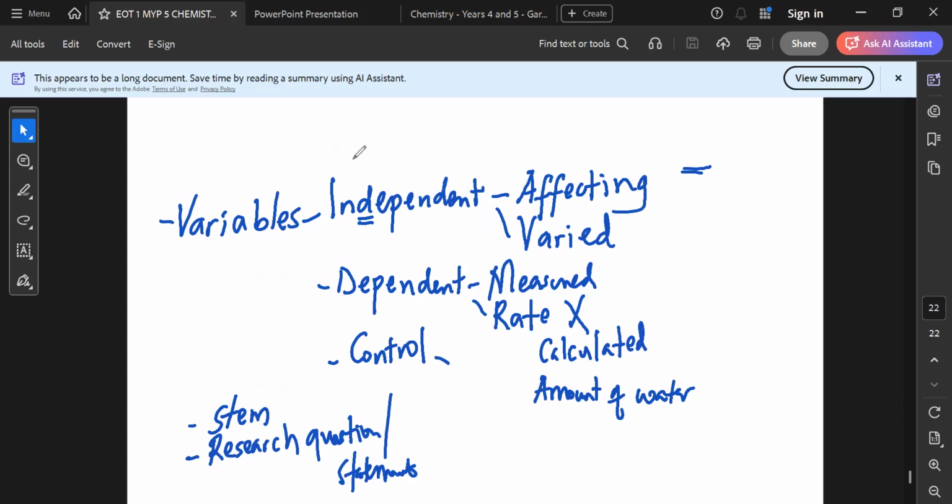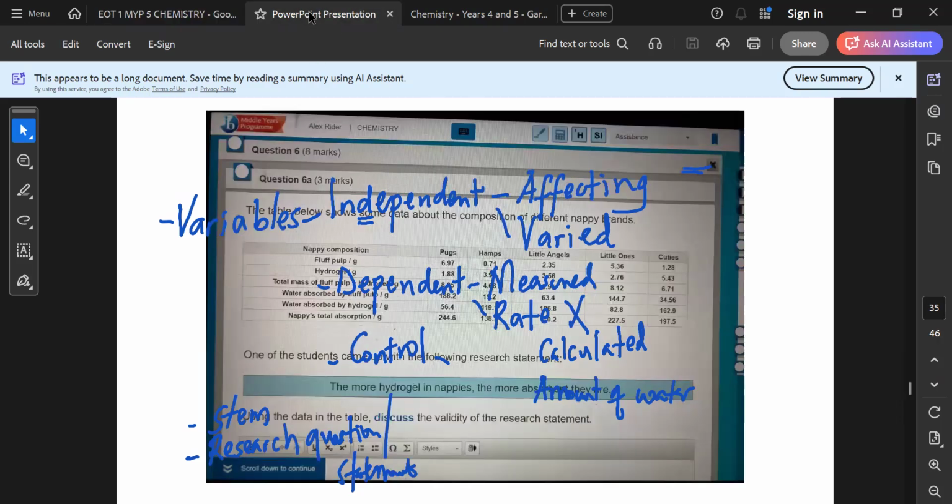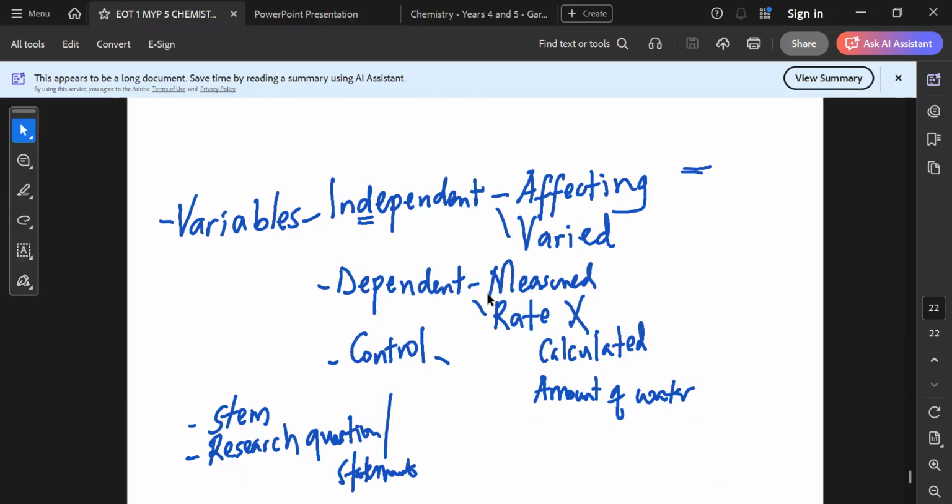All right. Let me remove this. Hope you have written them down in your books.